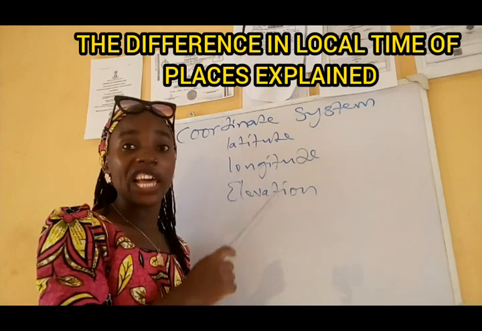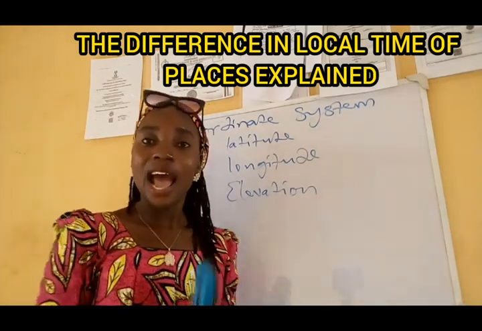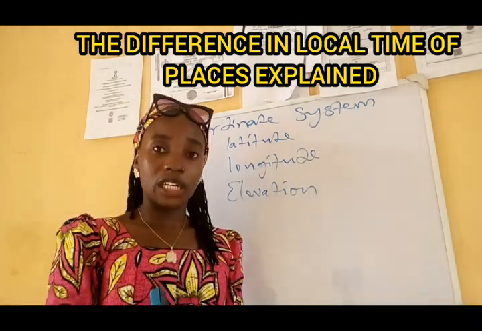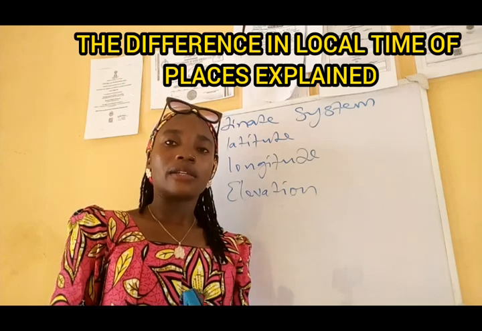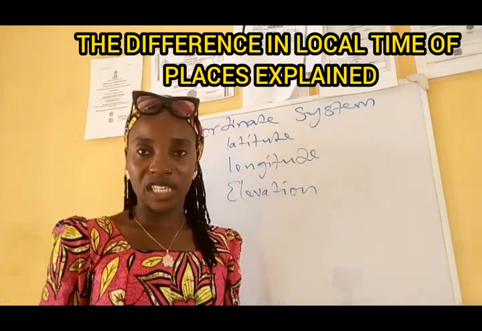And then we have elevation. Elevation simply means height above sea level, all right? Above sea level, you know the level of the sea? Yeah, you can calculate the height of a place above sea level.